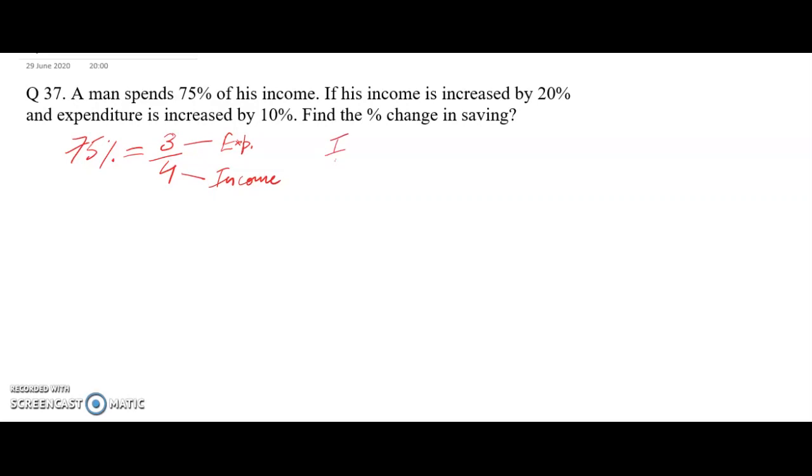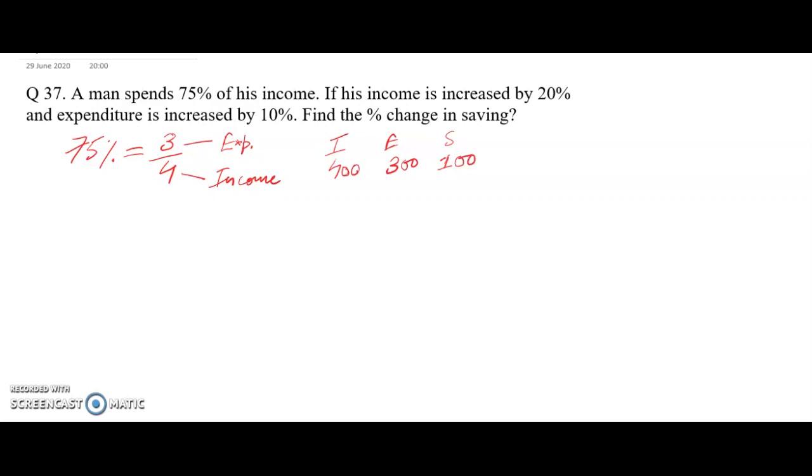So our income is 4 units, expenditure is 3 units. So saving will be income minus expenditure, which is 1 unit. So let's make it in hundreds. 4 into 100 is 400. This will be 300 and this will be 100.